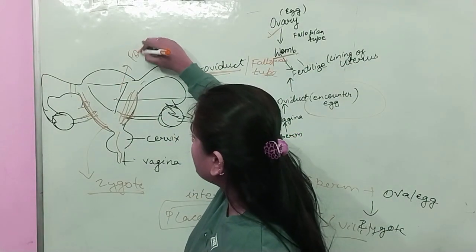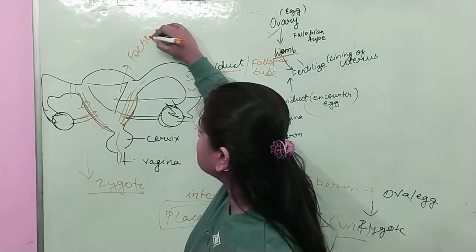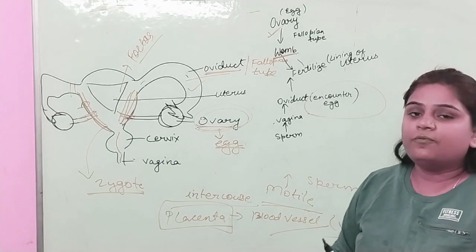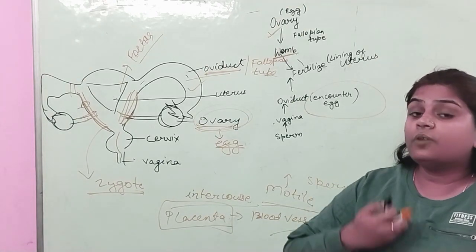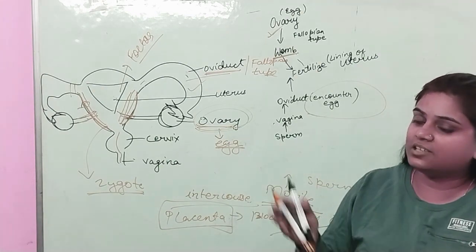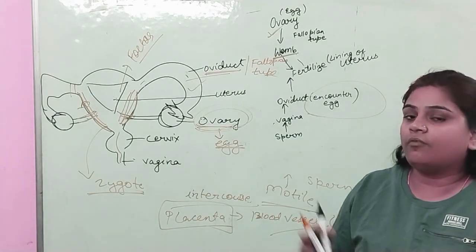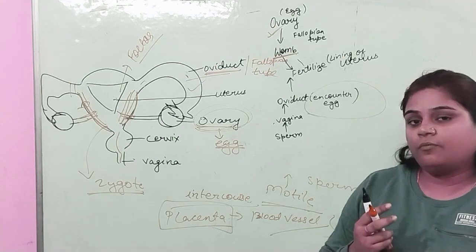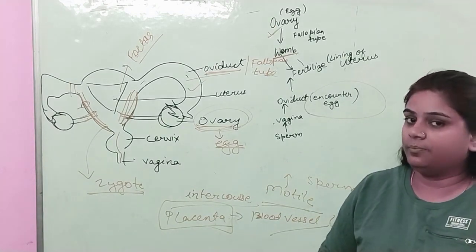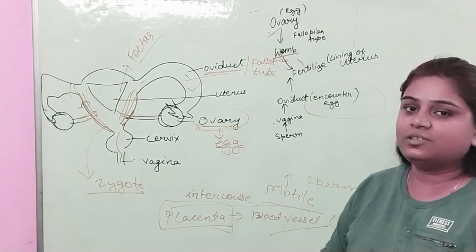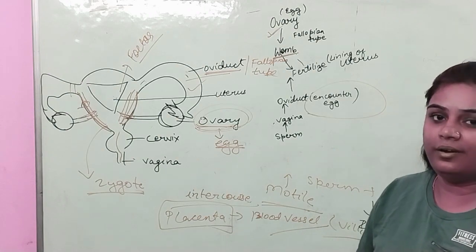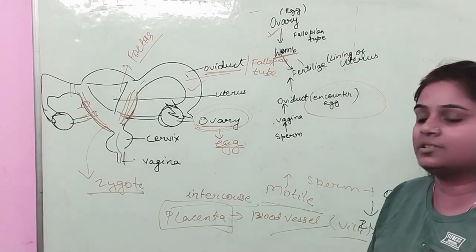The fetus also gives out waste material, and that waste material is moved out with the help of blood only, via the mother's blood vessels, carried out as deoxygenated blood as a part of the circulatory system.